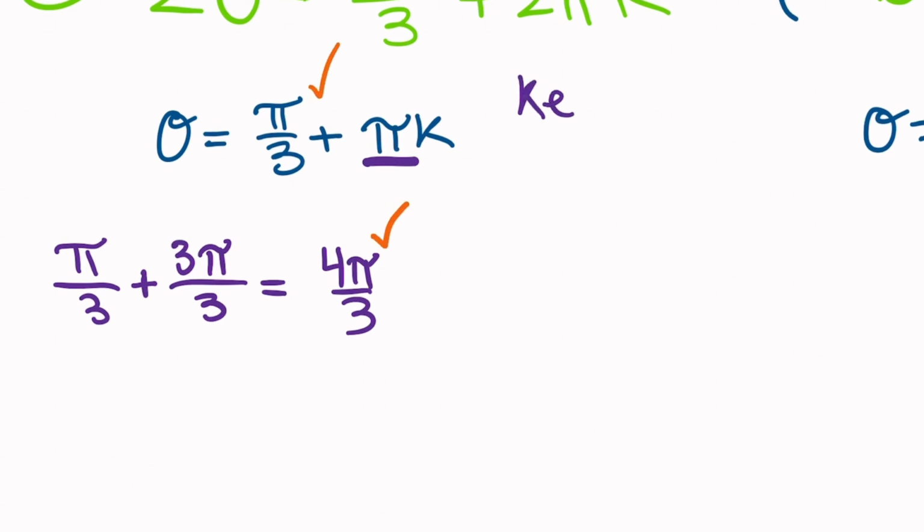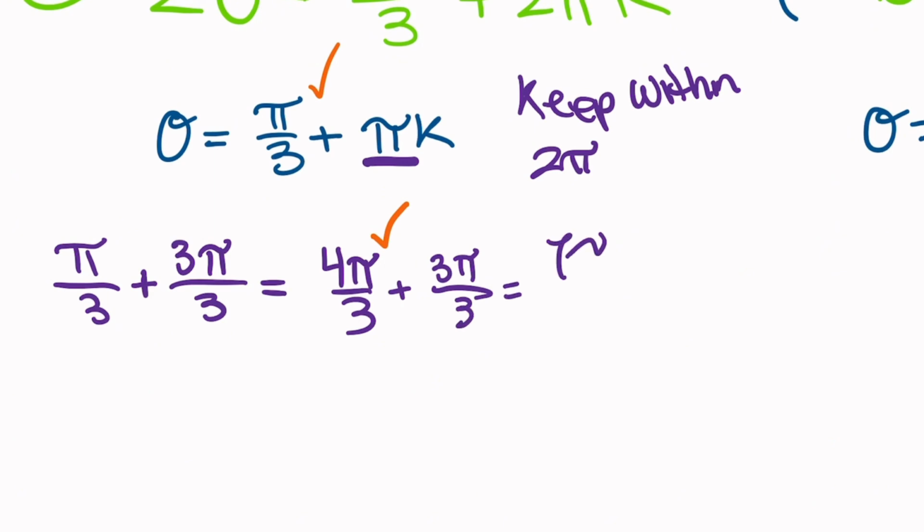Remember, keep within 2 pi because that's what we're asked. So I just like to do a check mark so I know that's good. So then you're going to keep adding 1 pi. And then you get 7 pi over 3, and this is obviously not within the unit circle, so you're just going to do x.